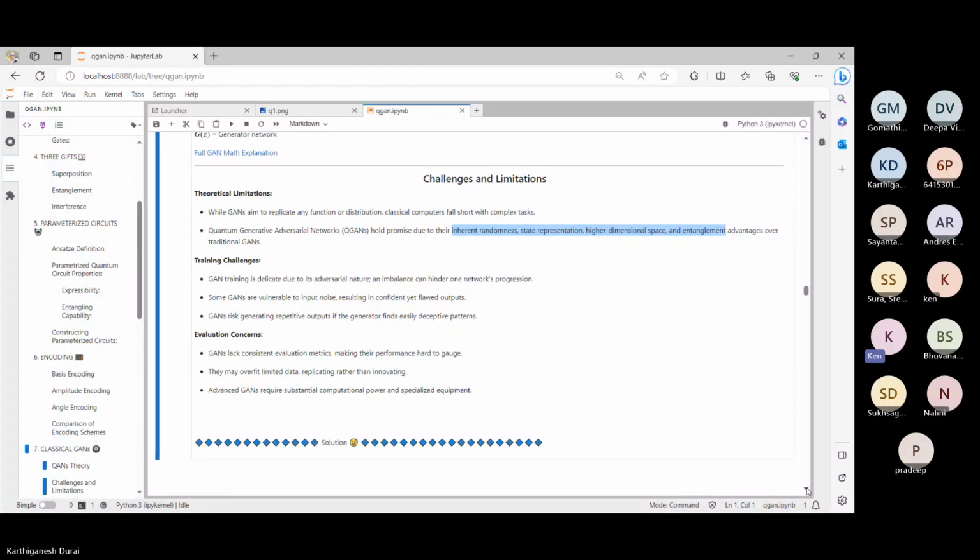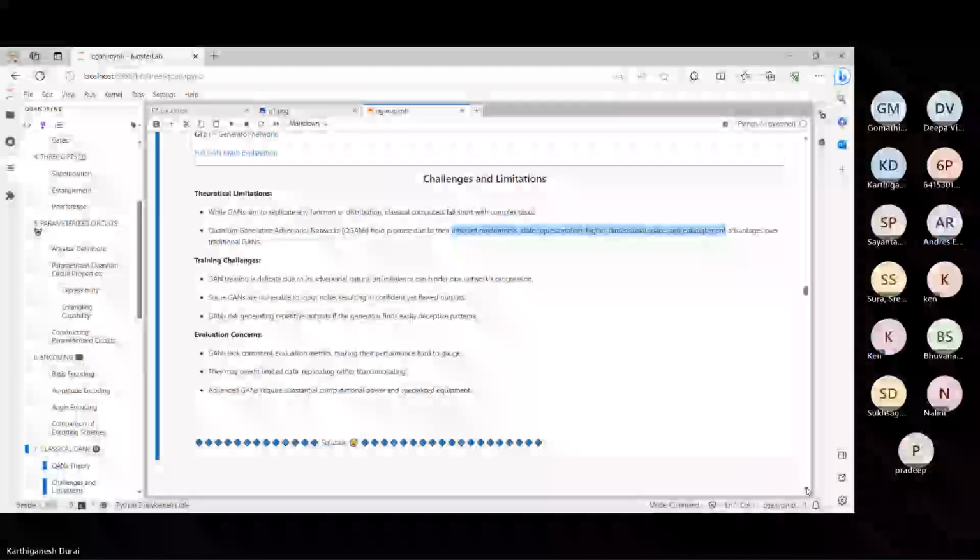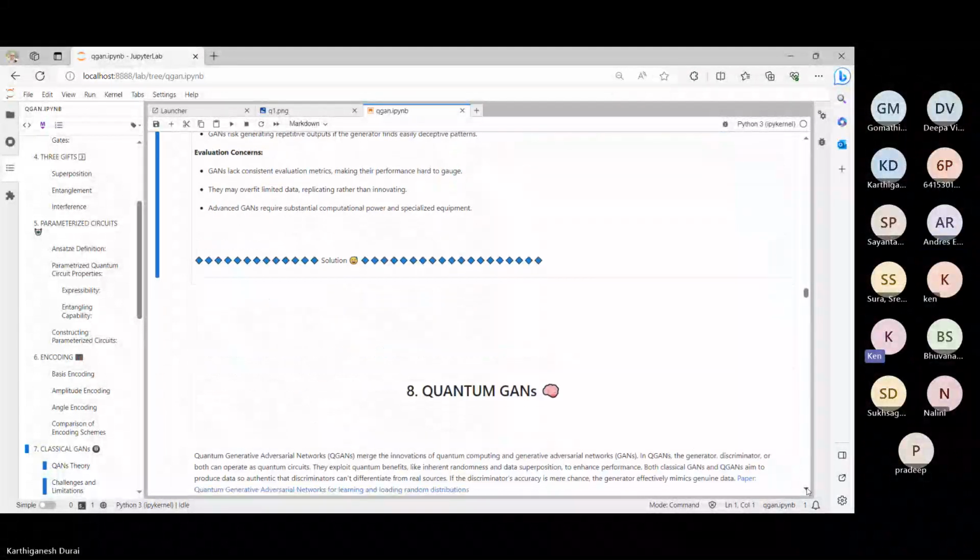These are all limitations, and the noise input will produce these confidently incorrect solutions. The training process will say, oh yeah, it's perfect, we're good. But the solution is incorrect. Confidently incorrect means I'm sure of the solution, but the solution is incorrect.